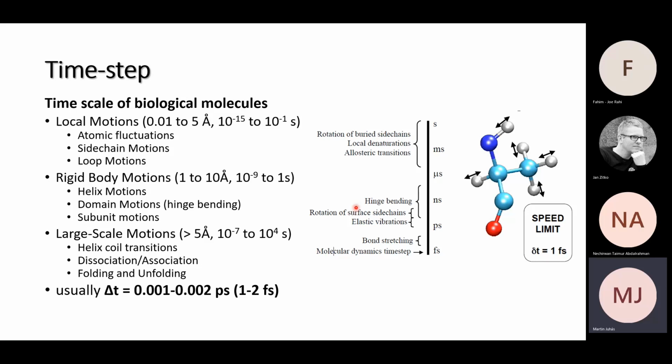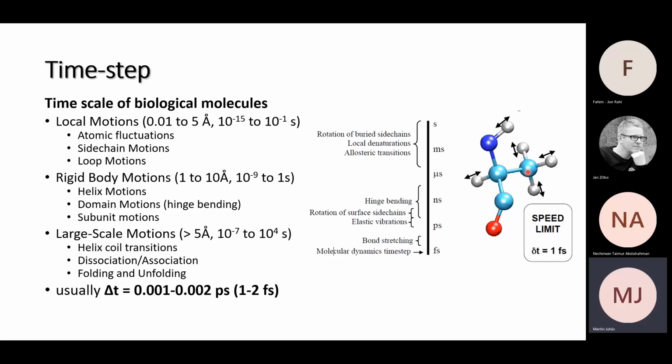For the majority of cases, the fastest motion is the movement of hydrogen on carbon. So that's why the fastest motion is chosen as the CH motion, and in this case you need to use femtoseconds, so 1 to 2 femtoseconds.